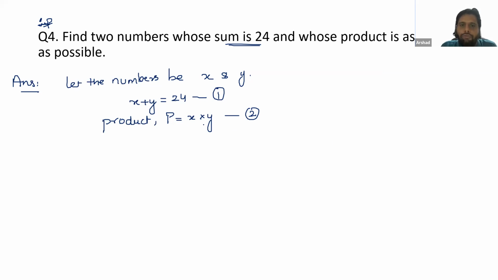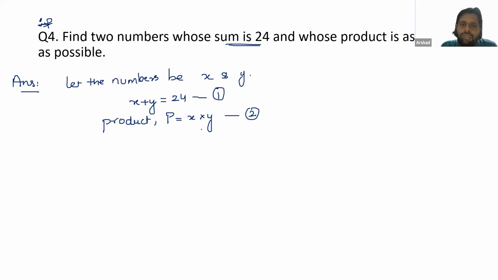Yes, very good. So always remember, whichever function you need to maximize or minimize, that should consist of only a single variable, not two or three variables. Only a single variable. Now, here we have two variables.